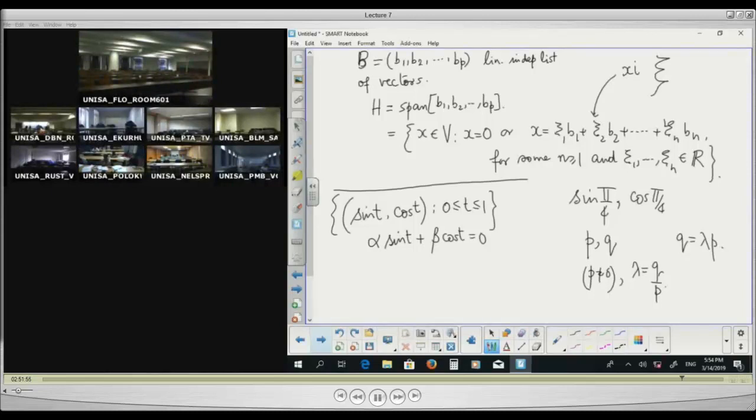If you take any t, not only t between, if you take any t in the reals, now if you look into this list, sin t and cos t, okay? Yes. Then sir, this list is a list of two numbers and hence linearly dependent. What?